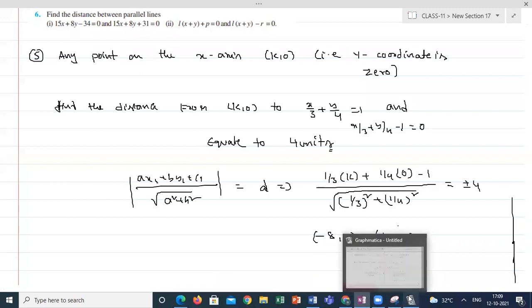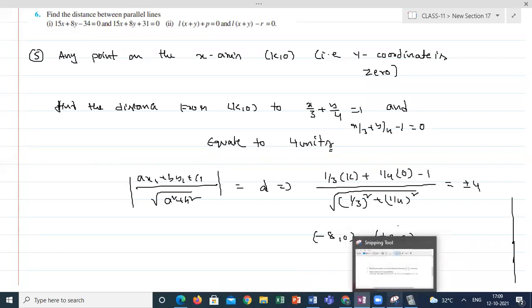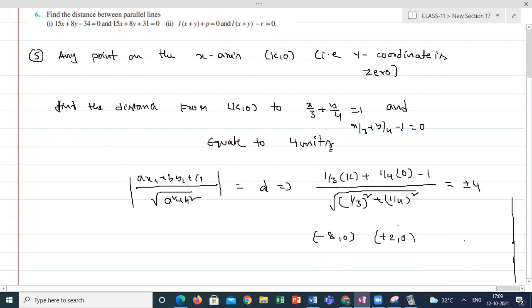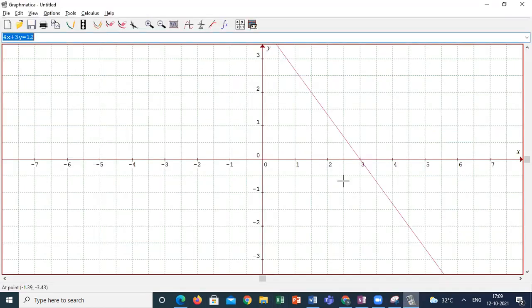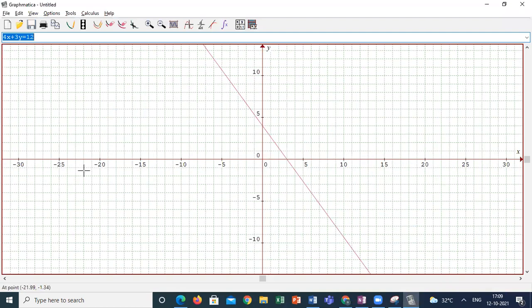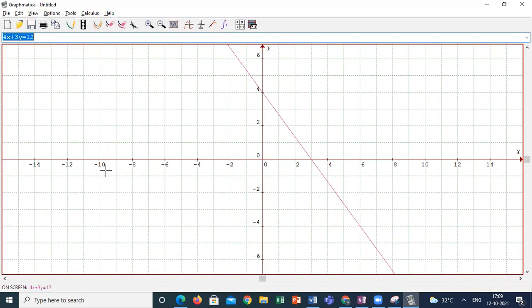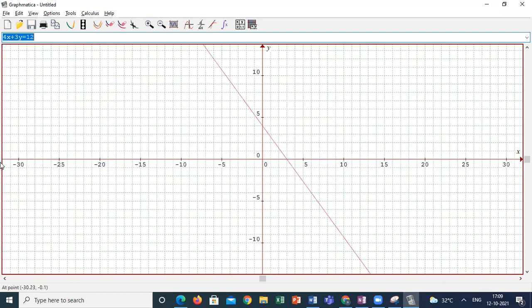Sir, for me it's coming like (8, 0) and (-2, 0). You are getting (8, 0) and (-2, 0). So how will we conclude the answer here? See this one here. This is my graph, a graph of this equation.